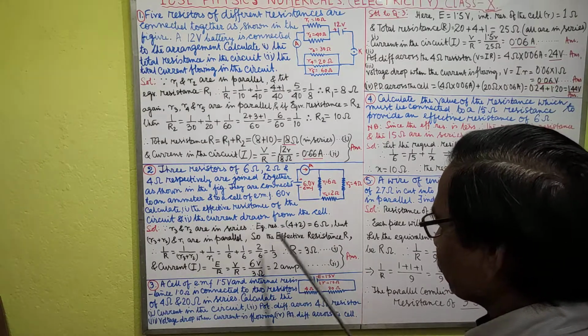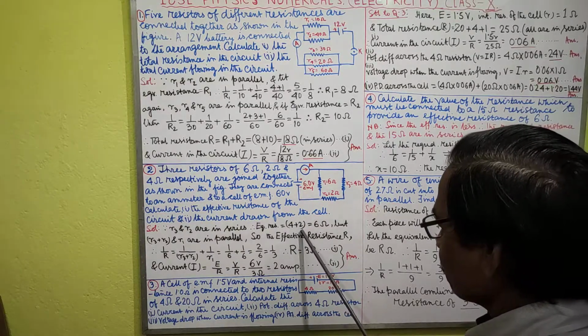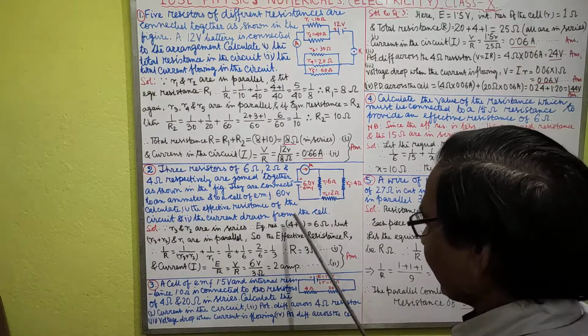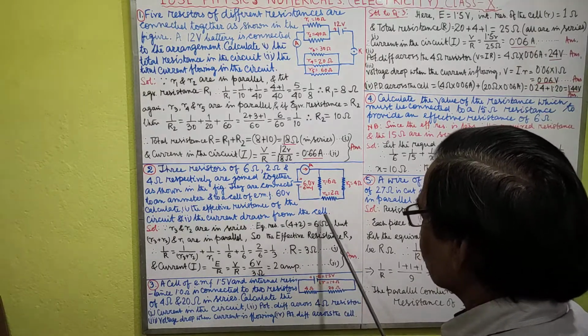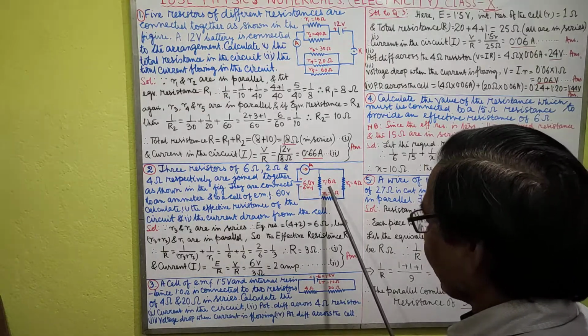Why? Because they are in series, their effective resistance is the sum, 4 plus 2, that is 6 ohms. And again, just see, these two together and R1 are in parallel.